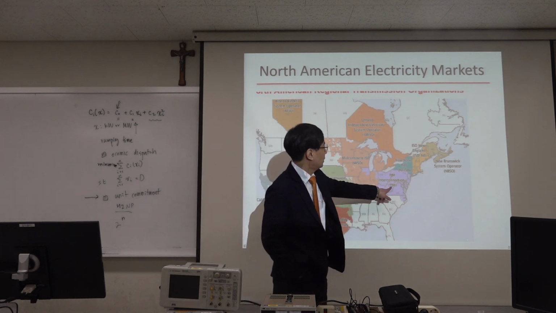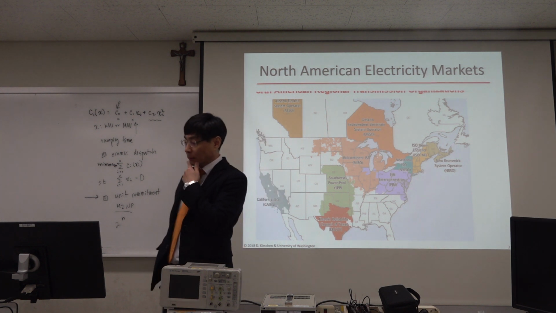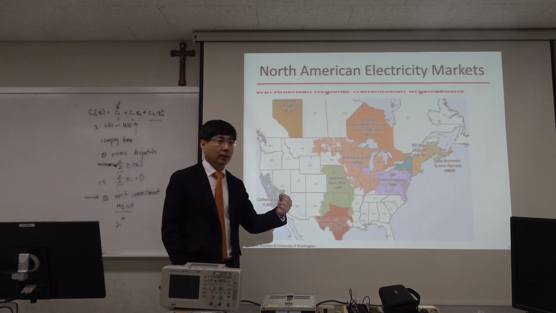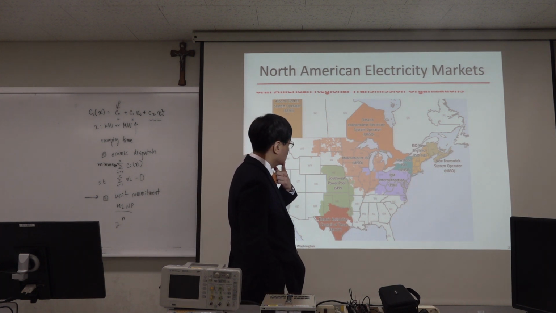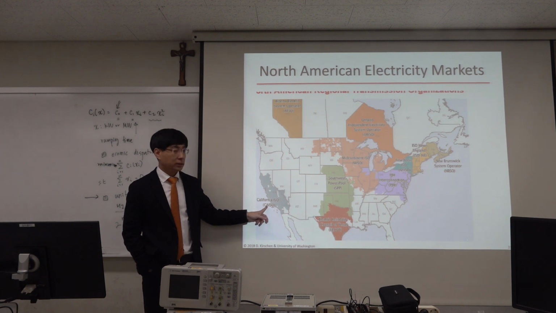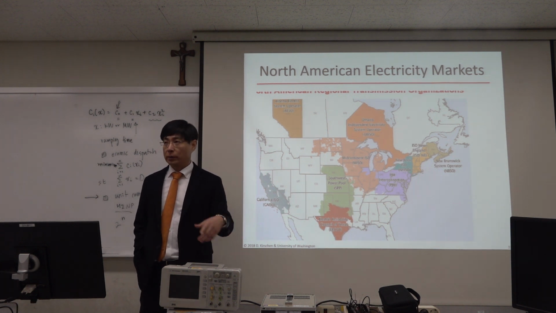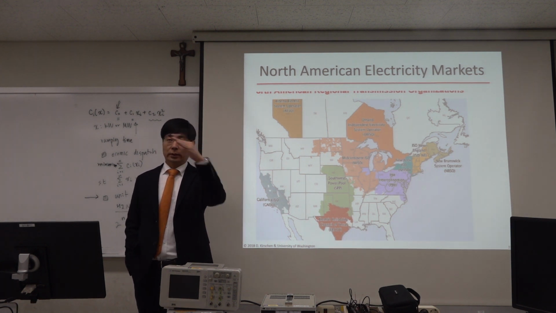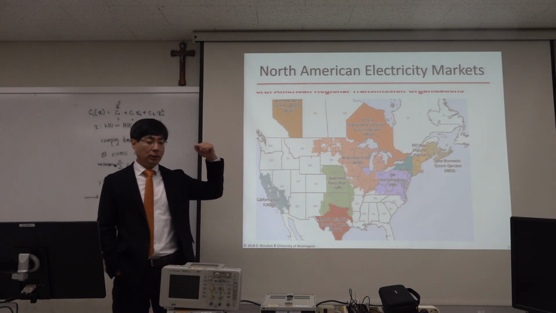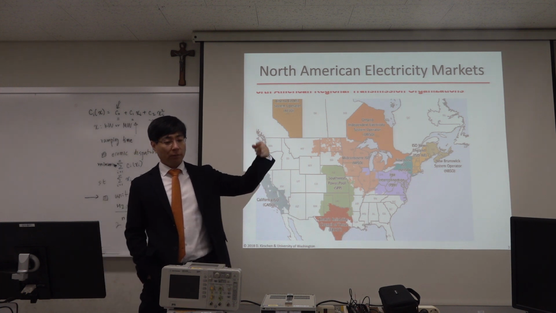And PJM is often cited for new types of market, like a real-time market. CAISO, I think you heard this name before when we talked about the time-varying electricity price, which is called TOU, time of use.